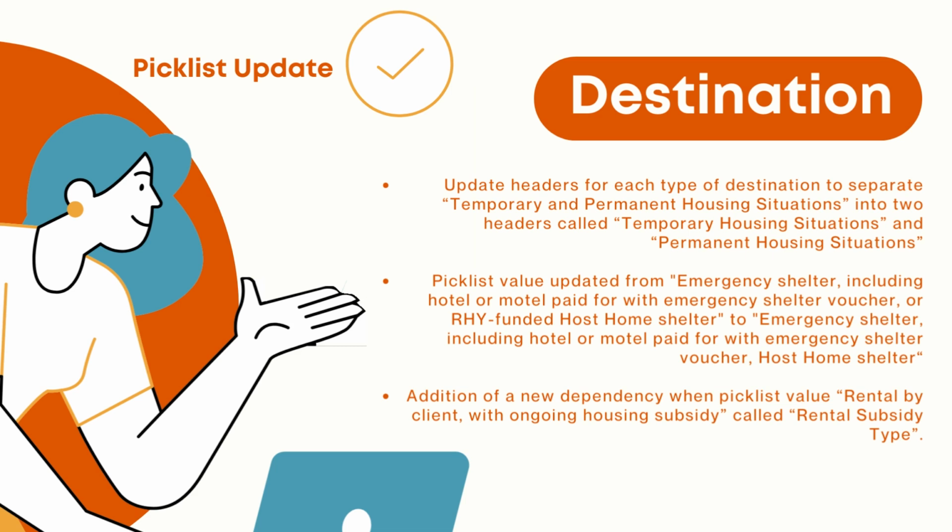There's also been a pick list value updated from emergency shelter, including hotel or motel paid for with emergency shelter voucher, or RHY funded host home shelter, to emergency shelter, including hotel or motel paid for with emergency shelter voucher, host home shelter. There's also a new dependency when the pick list value rental by client with ongoing housing subsidy, called rental subsidy type, is selected.